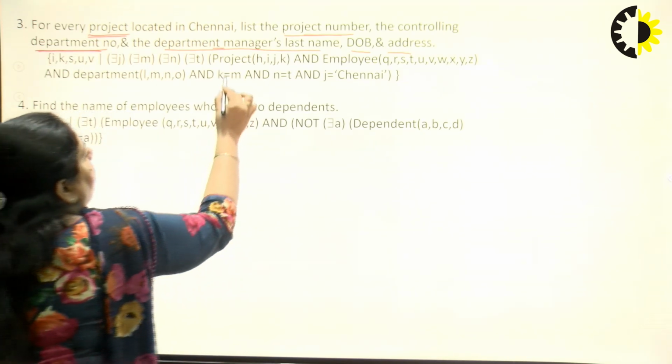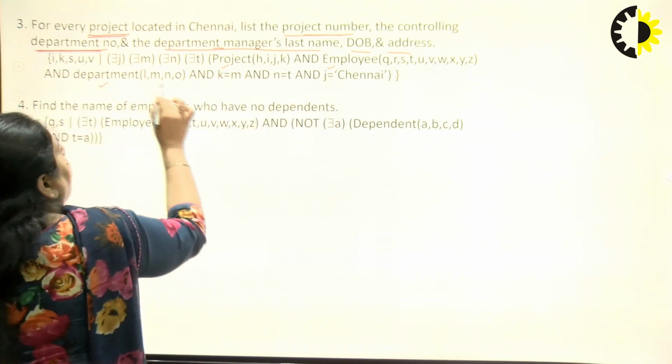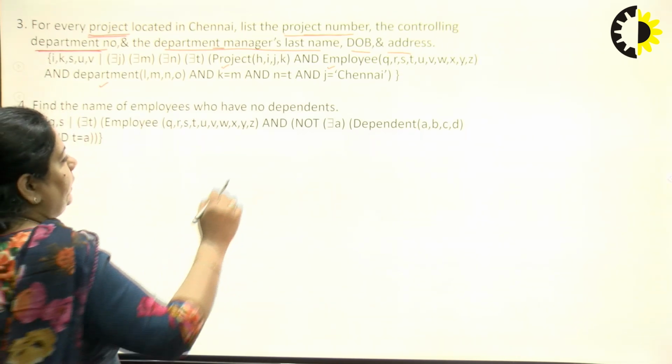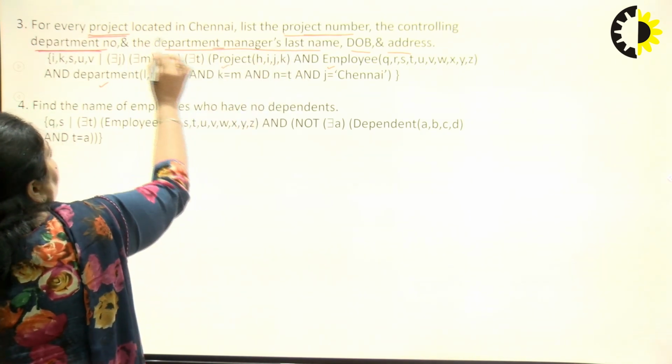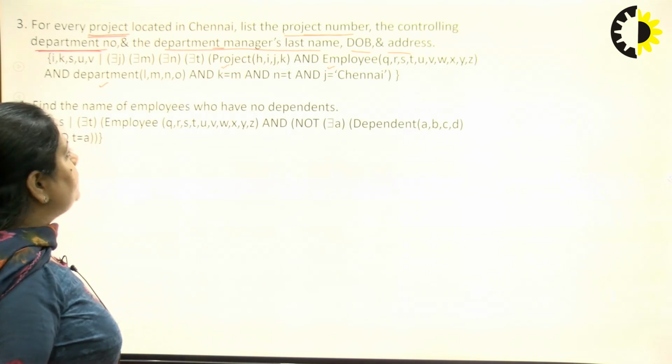So we will write project, employee, department and all their variables. And what we want, project number must be equal to project employees working on.